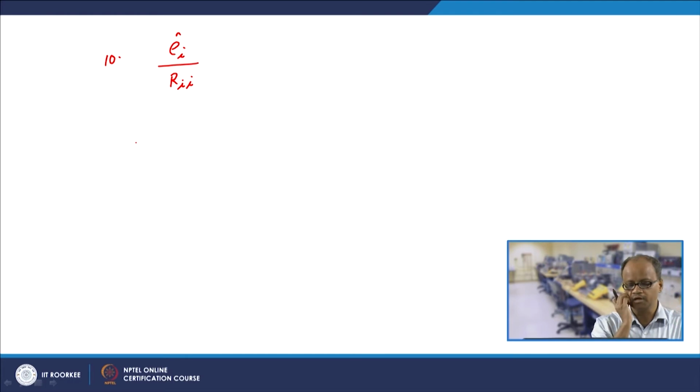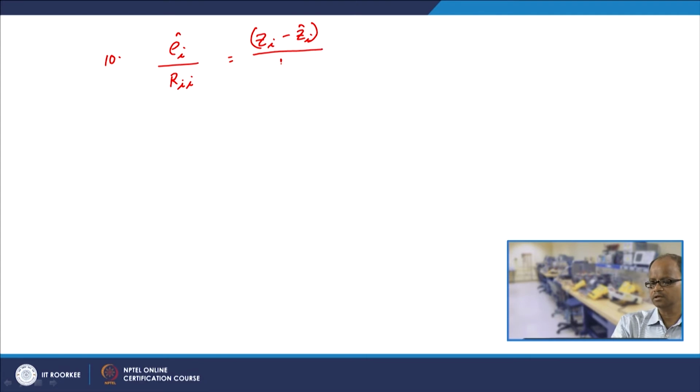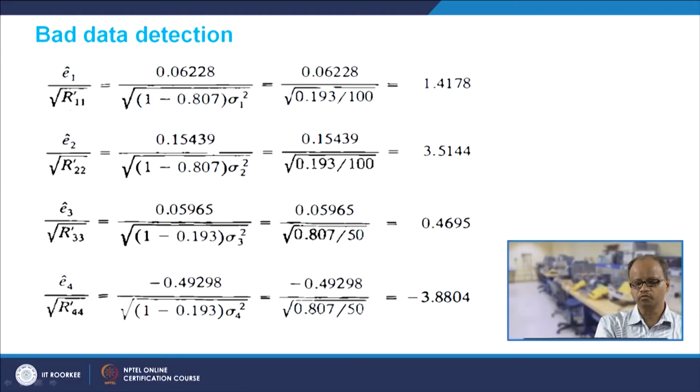So, we calculate Z_i minus Z_i hat divided by root R_i. Once we calculate this value, we find out which one is the highest, and that one we take as the bad data. So, now we calculate E1 hat by root R11 dash.